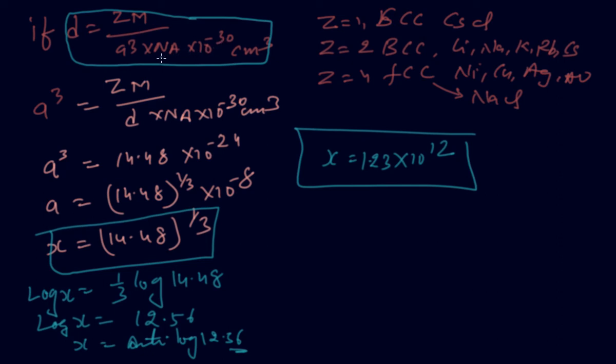And if he asks for the atomic number, you can find out Na. One more thing I would like to tell you: if he asks you to find N by Na, put x equal to given mass by molar mass. Three quantities will be given, and you use this formula in this way and get the value.